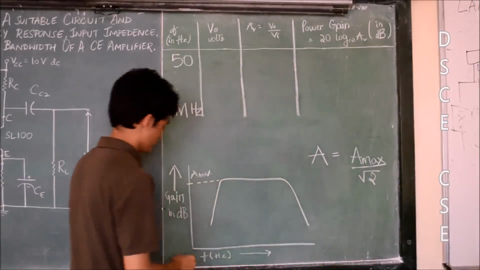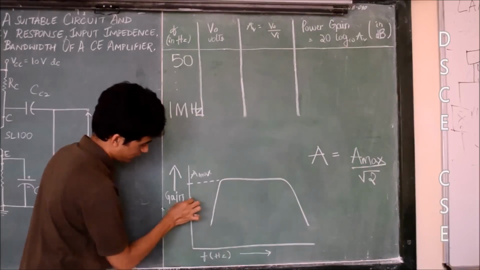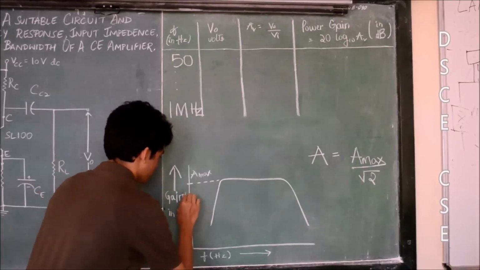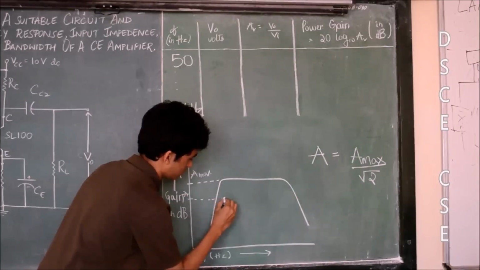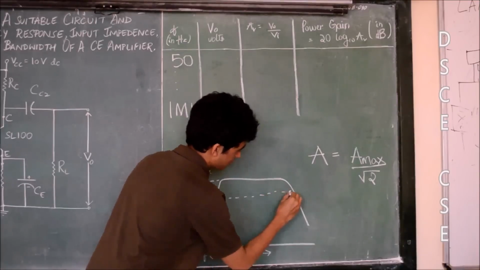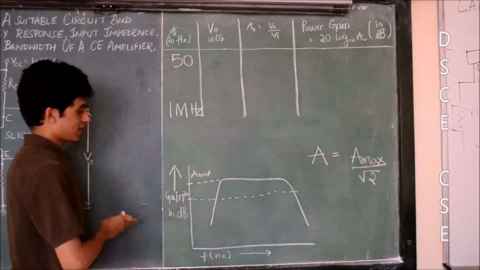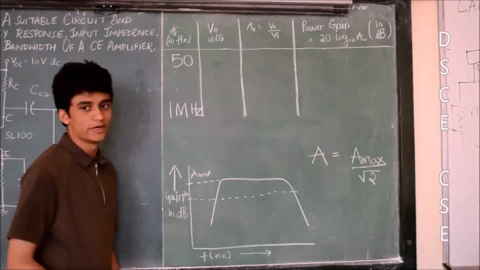For this value, which will be slightly lesser than A max, we plot it on the graph. And we draw a horizontal line parallel to the x-axis to make a line which meets the frequency response curve at 2 points.